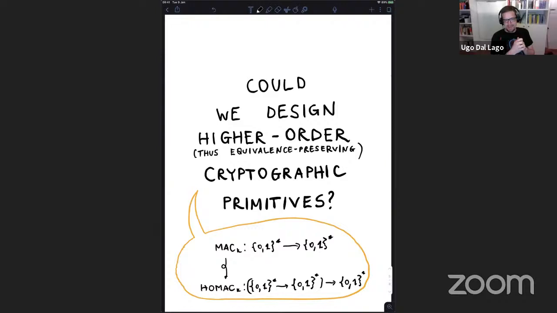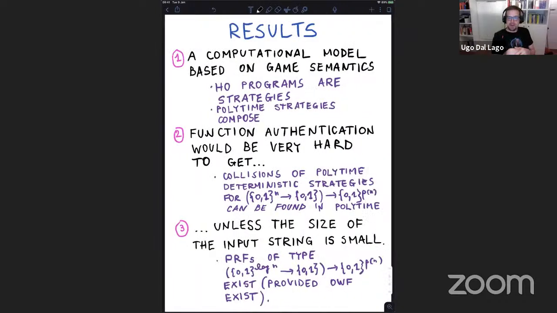This way, the authentication algorithm would look at the argument code as a function and not just as the underlying binary string. And the results we get are threefold. First of all, we introduce a computational model based on game semantics in which higher order programs are interpreted as strategies, and this way accounting for their complexity, which is itself non-trivial. And the result here is that polytime strategies compose even if they can interpret types of arbitrary rank.